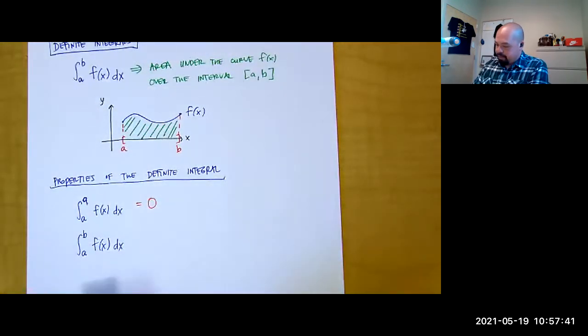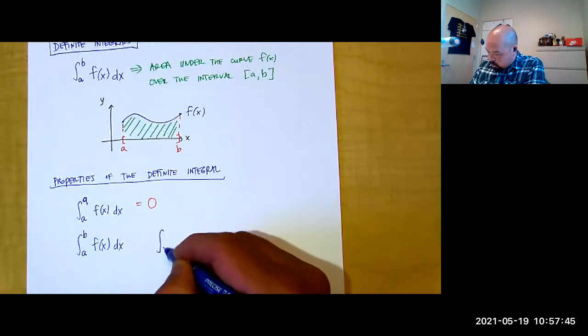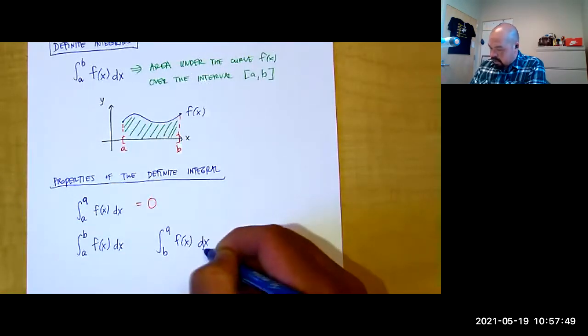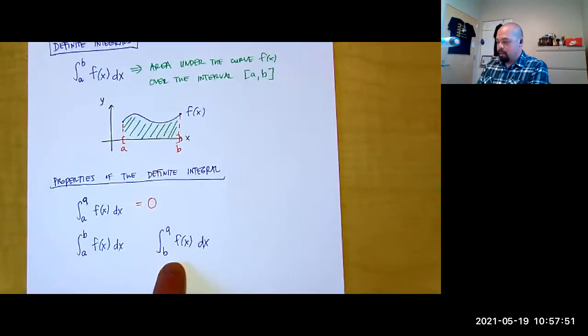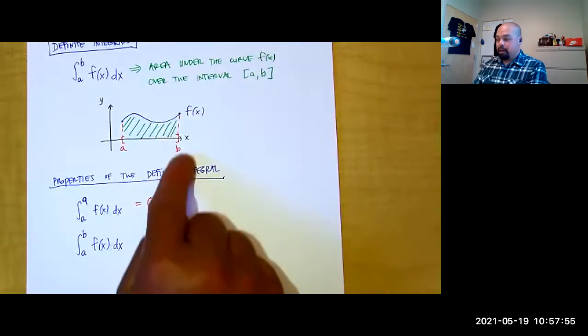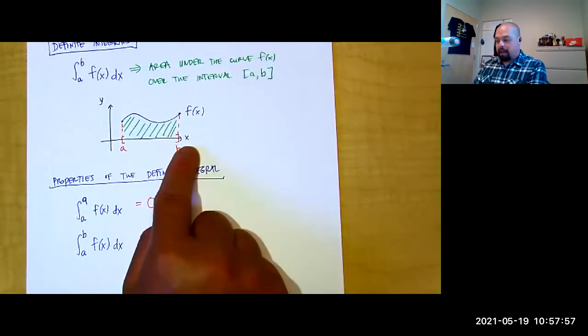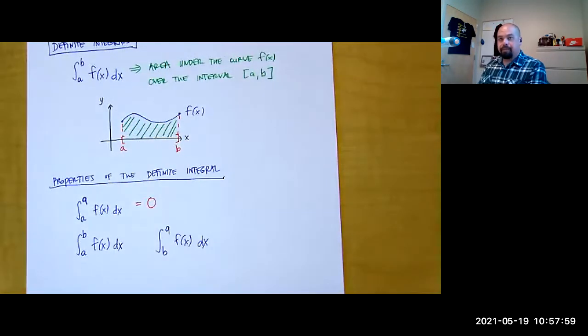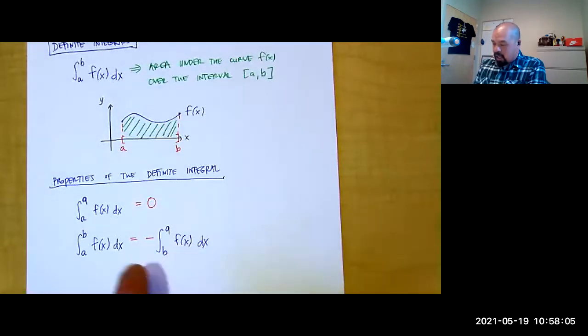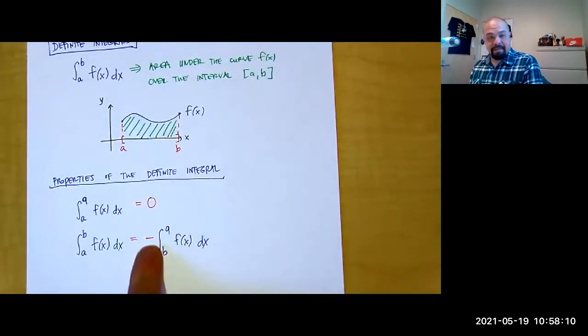But what if we switch the order of those limits of integration? So in this case, I kind of represent like now I'm trying to accumulate this area, working backwards, starting down here at b and then adding up. Well, if we kind of work backwards, that means that all of our values are going to be the opposite, going the opposite direction. So we're going to get that negative.